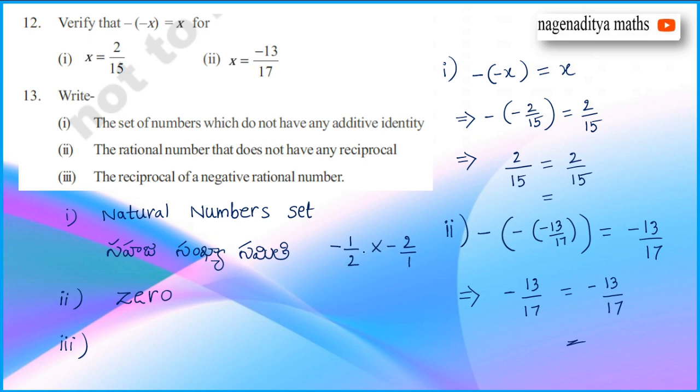That is why the reciprocal of a negative rational number is also a negative rational number. So the answer is a negative rational number.